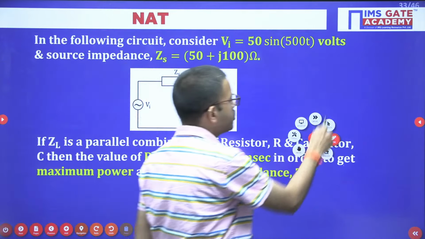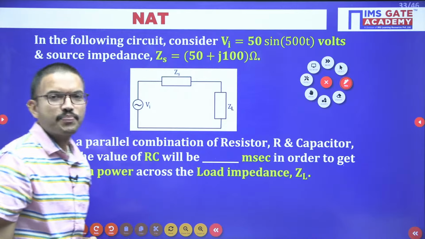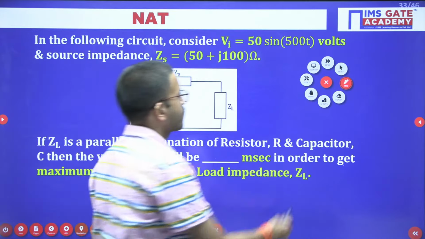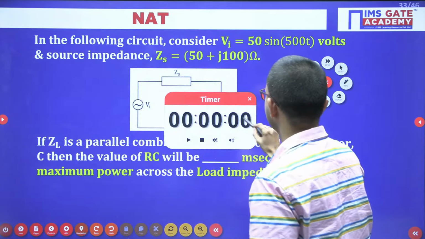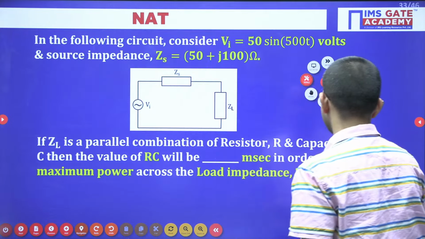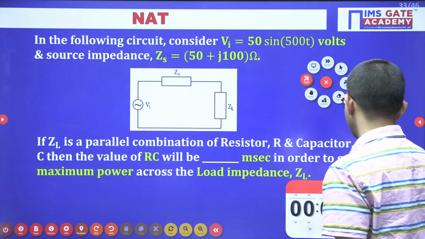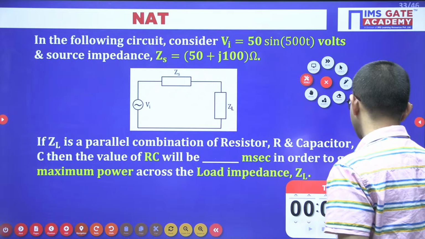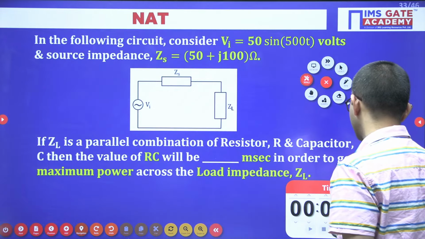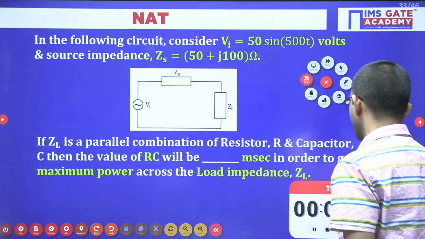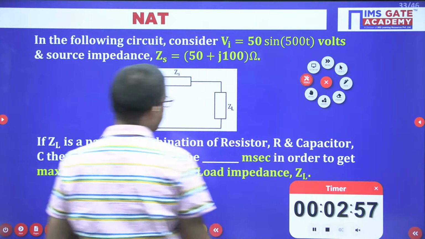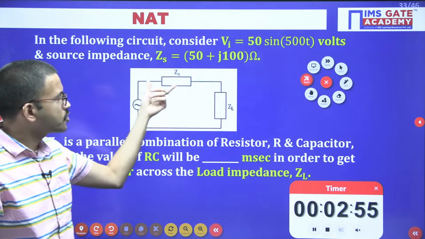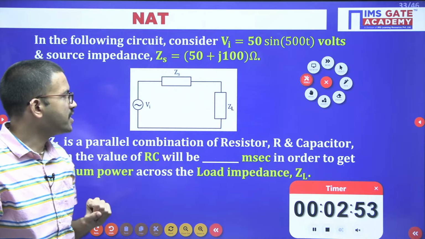Now this is a very interesting question. All of you give it a try. So in this question, you are having an AC source, and source impedance is there and load impedance is there.